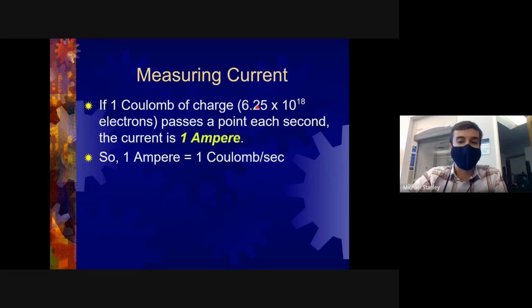So if we have that many electrons going through a certain point every second, we have 1 ampere, also known as an amp. So if you ever hear about the amount of amps passing through a system, that's talking about the current. So 1 amp is equal to 1 coulomb per second. If you have 3 coulombs going through every second, you would have 3 amps of current in your circuit.